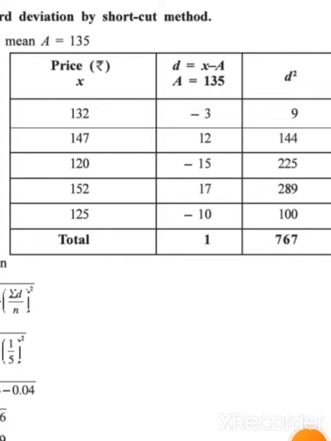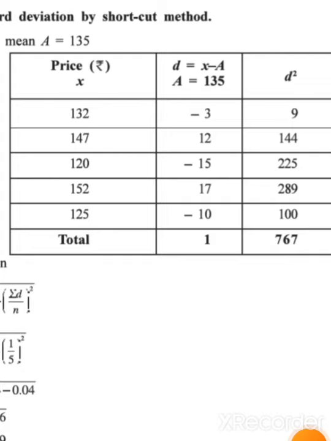So over here, as the values given are 132, 147, 120, 152 and 125, you would find 135 is the appropriate value for the assumed mean. It's not that you need to take 135 only. You can have 140 also or 130 also, but actually 135 is the appropriate one, because all these given numbers are revolving around 135. So over here the assumed mean has been taken as 135.